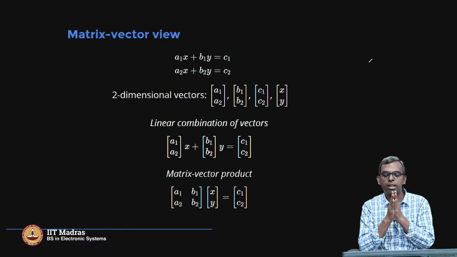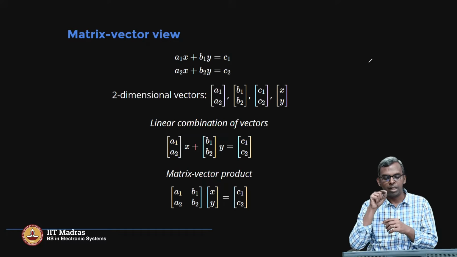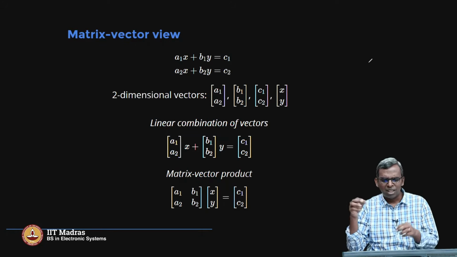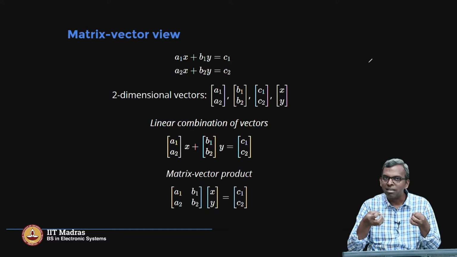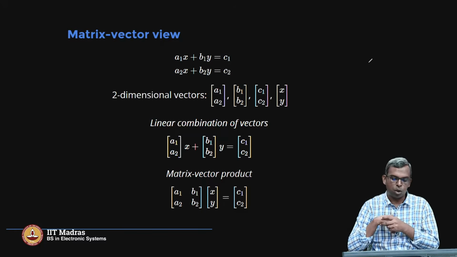When I add the two vectors, what will happen? The corresponding coordinates will add. So you'll get a1x plus b1y, a2x plus b2y. On the right hand side, you just have c1 c2. Okay. So at one level, it's just a rewriting of that equation. There's nothing different I've done, but these vectors you can interpret differently, and you can start doing very interesting things, and that's where linear algebra is born.